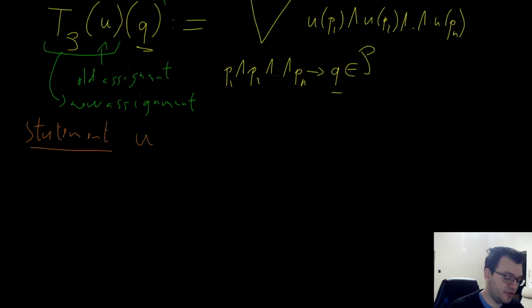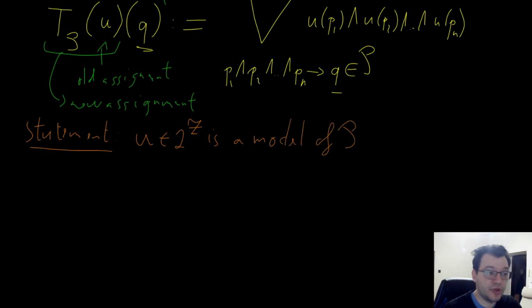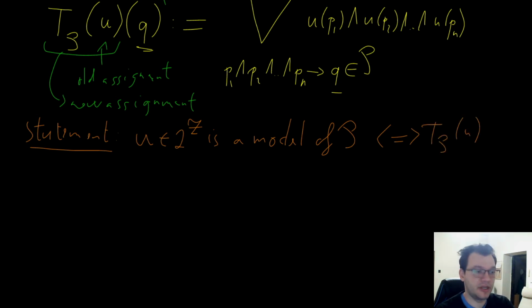Statement: U from 2 to the Z, so it's an assignment, is a model of P. We are just seeking models, so it's important to determine what can be a model and what cannot be a model. And the statement says that this holds exactly if TP of U is smaller than or equal to U itself.